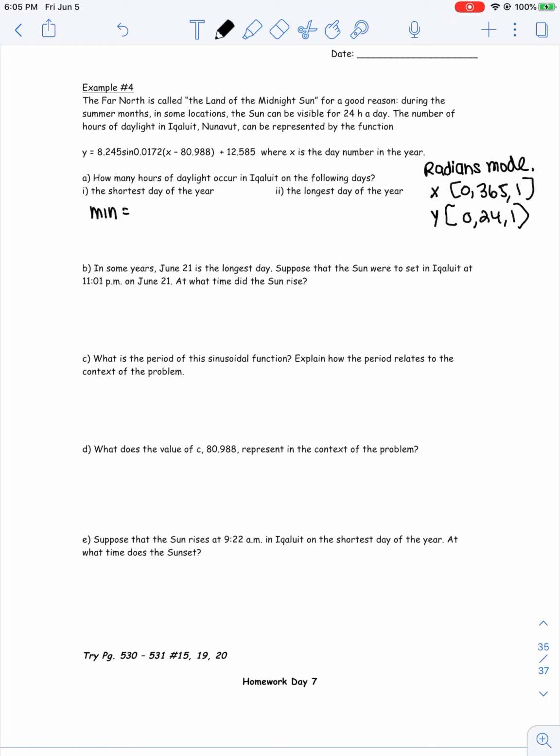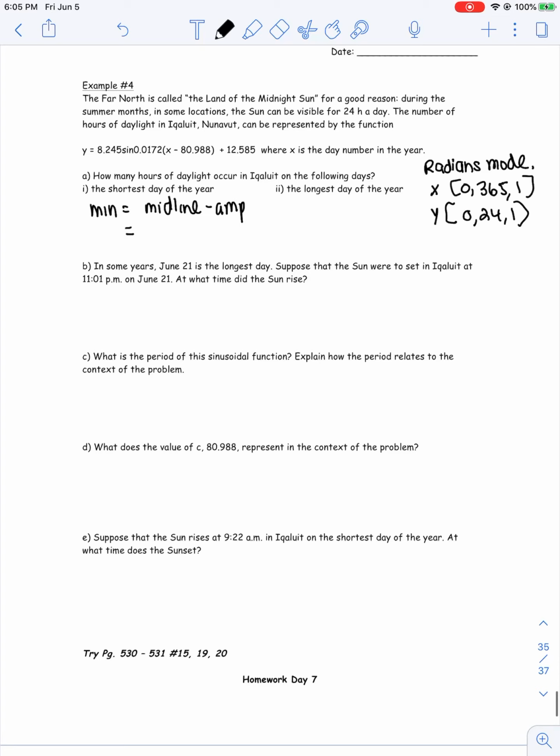Your minimum can always be found by taking your midline and subtracting your amplitude. You can do this graphically as well. You could find that minimum by going second trace number 3. So our midline is 12.585, and we're subtracting our amplitude of 8.245.